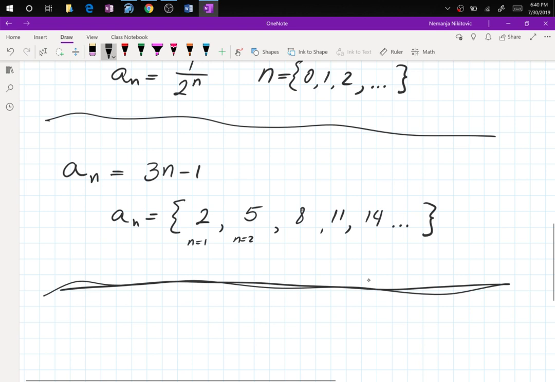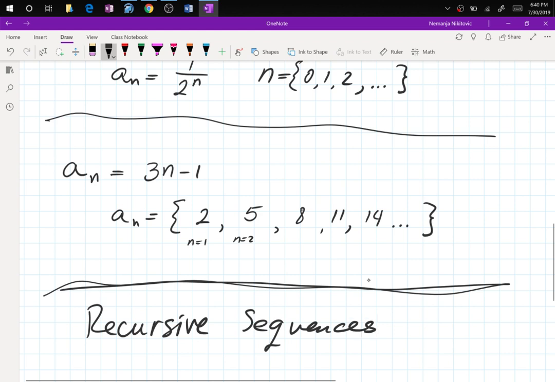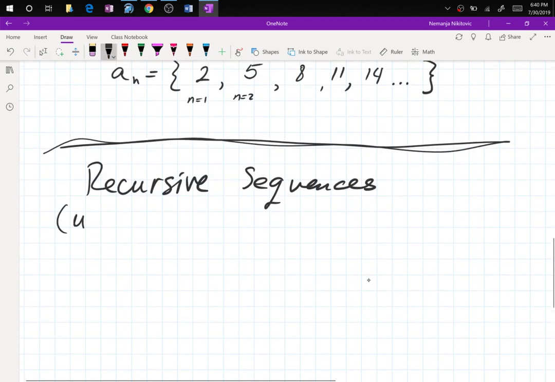So the Fibonacci sequence has a pattern where you add 2 consecutive values to get the next one. So recursive sequences use previous terms to make new terms.